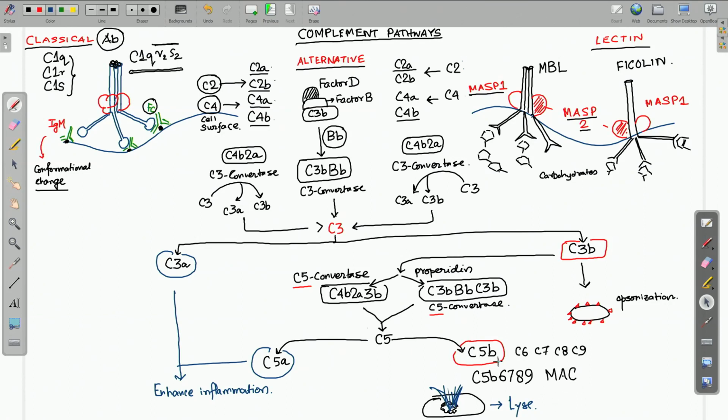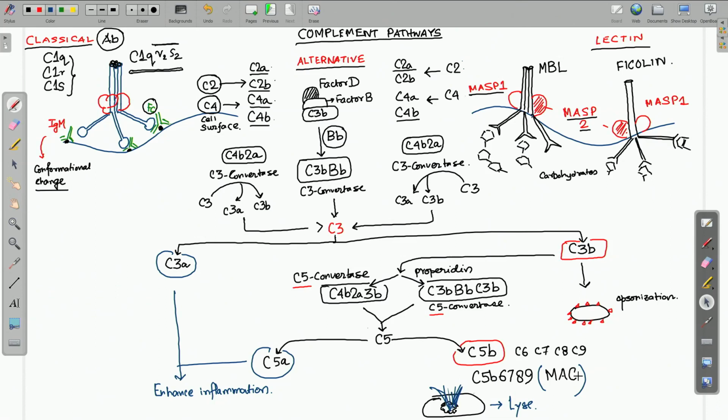component of the membrane attack complex or the MAC. So, it associates with other complement proteins like C6, C7, C8, C9 and forms the membrane attack complex, and this is this tubular structure that is formed because of association of these complement proteins C5b, 6, 7, 8, 9. This MAC is a tubular structure that is inserted on the cell surface, leading to formation of a hole, and that leads to lysis of the cell.